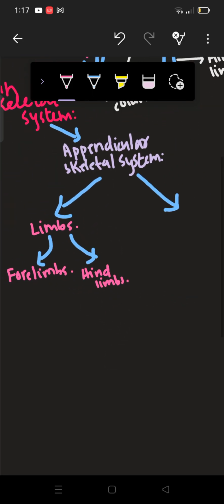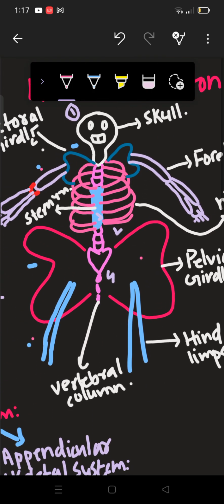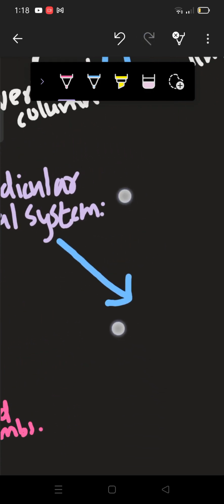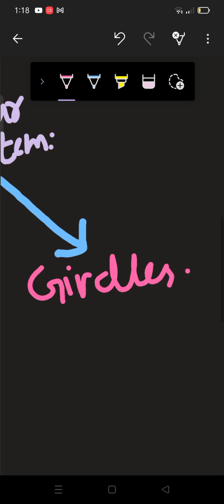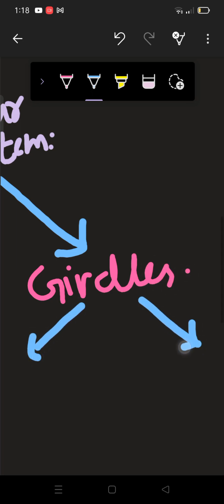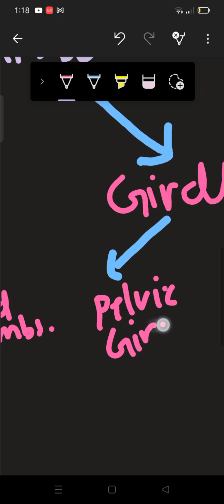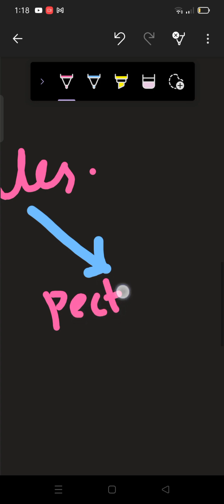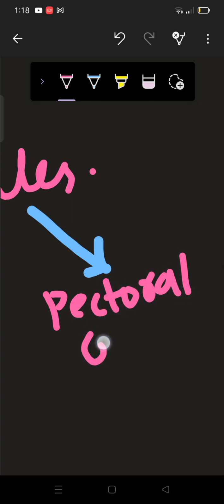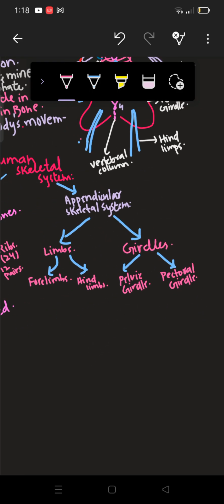The second structure is, as I have told you, both girdles, pelvic as well as pectoral. So here let me write that as well. Girdles include both what? Pelvic girdle and pectoral girdle. So we have written both things here.